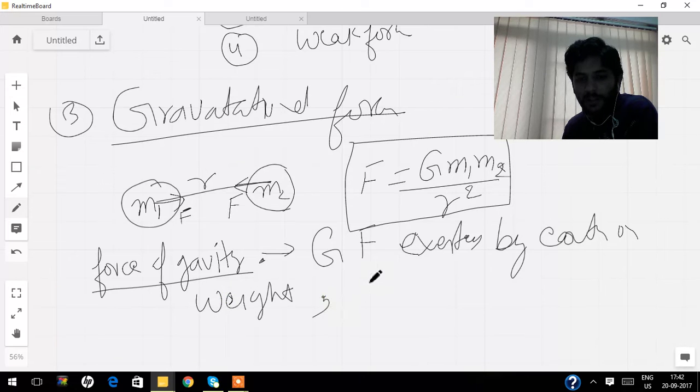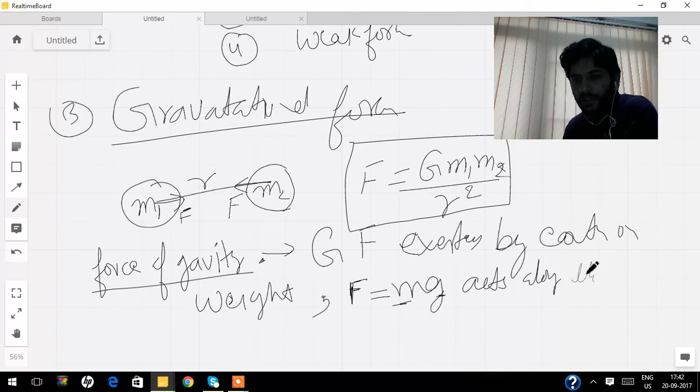We can call it weight, mg also. Let's talk about its magnitude. This force is equal to m into g, where m is the mass of the body and g is the acceleration due to gravity, and it acts along the center of the earth.